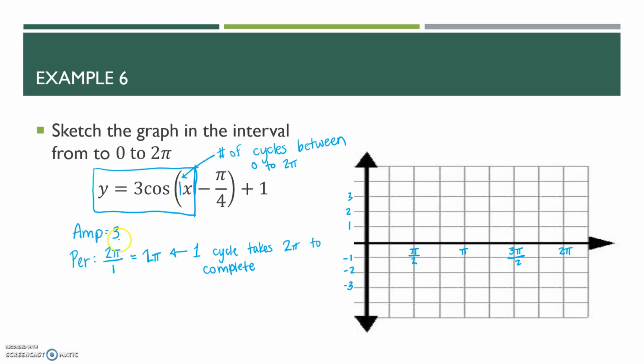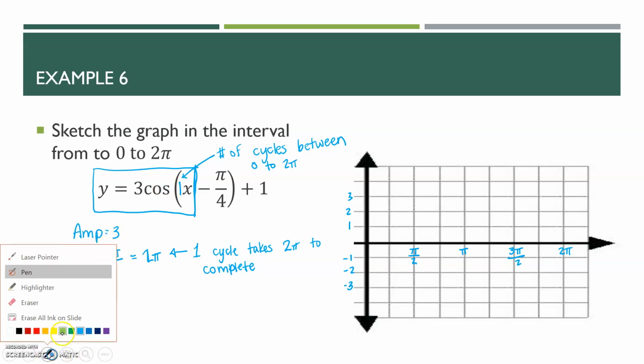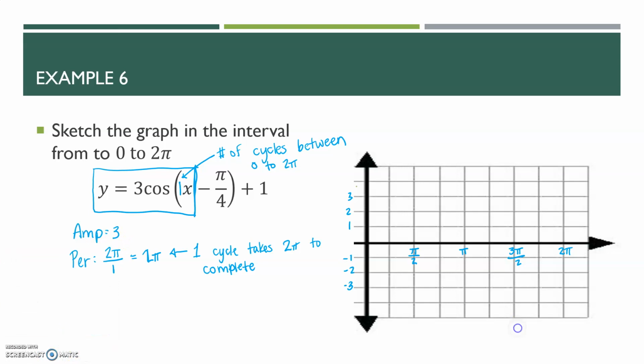Although in this case, since our amplitude is 3, we'll start up at 3. I'm going to switch colors. So instead of starting at 1, we'll start at 3 because that's our amplitude. And then one cycle takes 2 pi to complete. So in other words, if I start at 0, my cycle will end at 2 pi. So I have to put an endpoint at 2 pi.